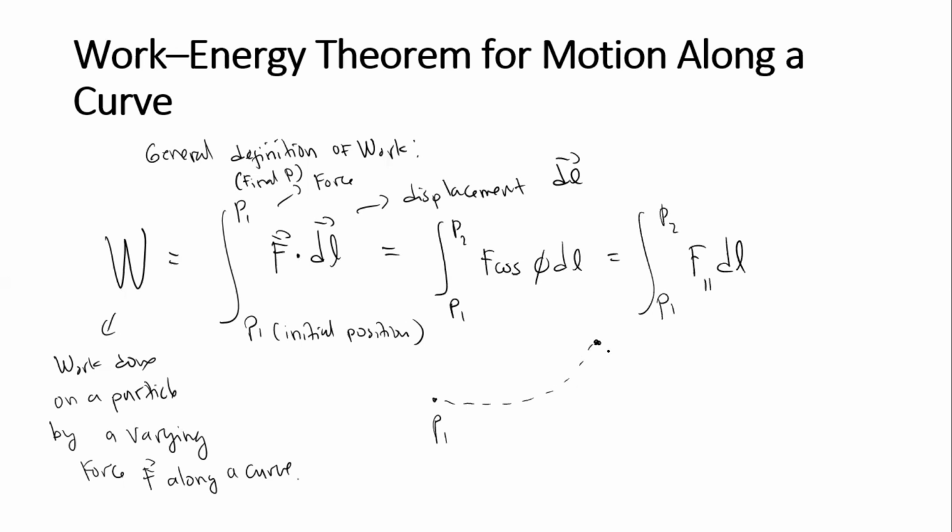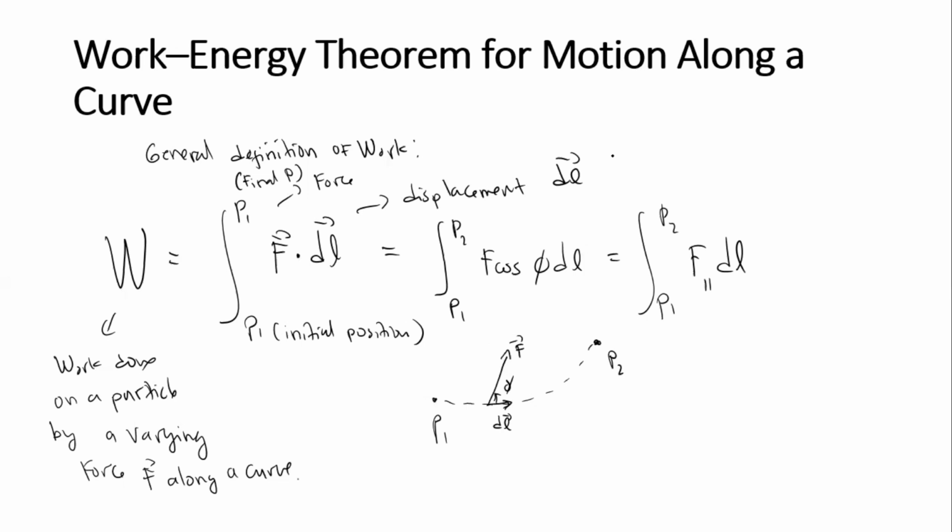At this point, you have a force acting in this direction, and you have a dl here with an angle of phi. So F dot dl is just equal to F cosine phi dl, where phi is the angle between the force and the infinitesimal displacement.